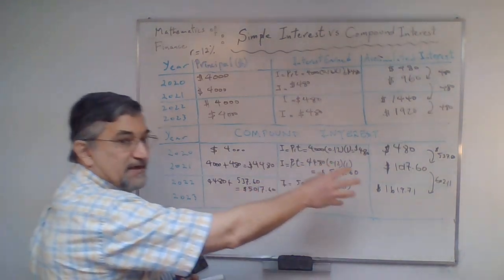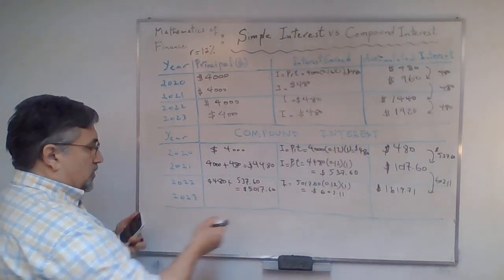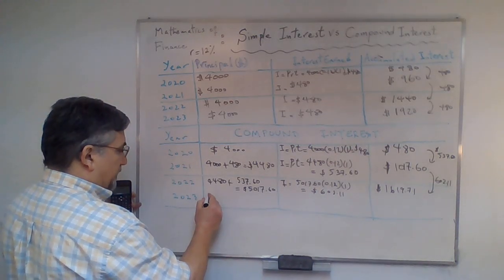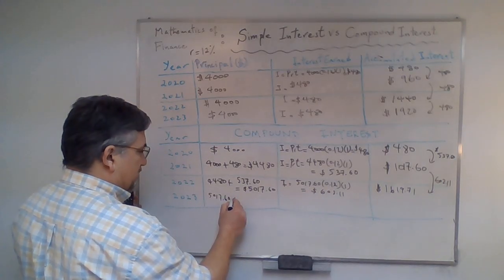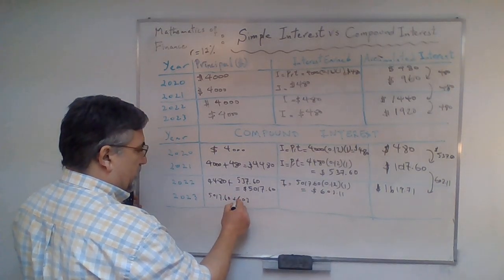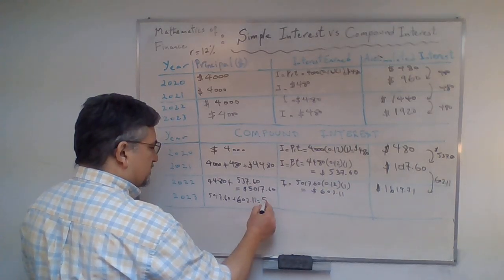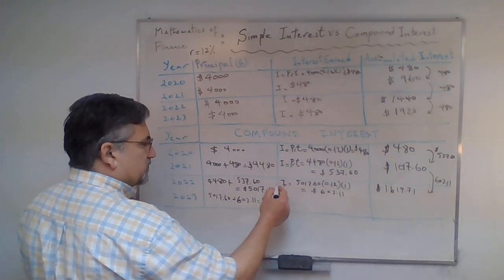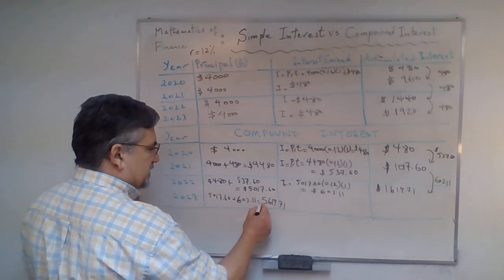So again, we add that with the principal of $4,000 we had before, or you may add 5,017.60 with the amount of interest that you earned, 602.11. It's going to give you $5,619.71.